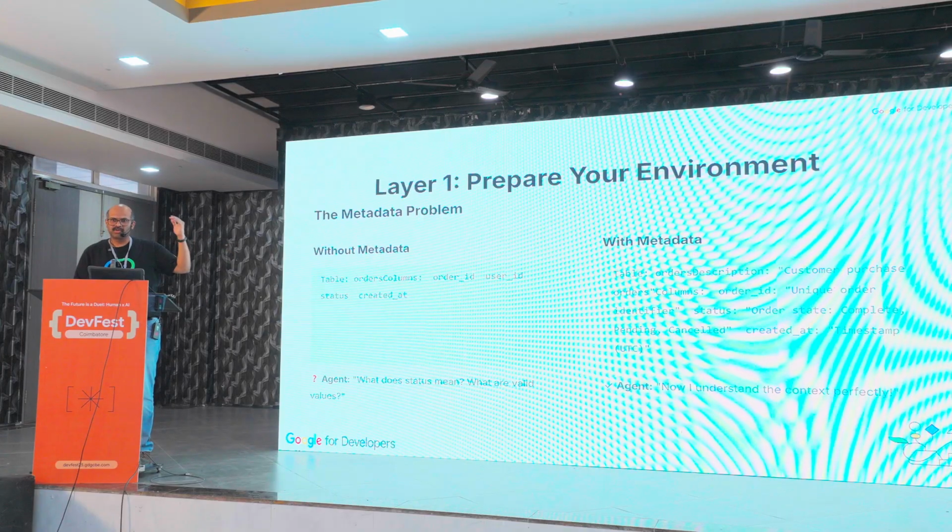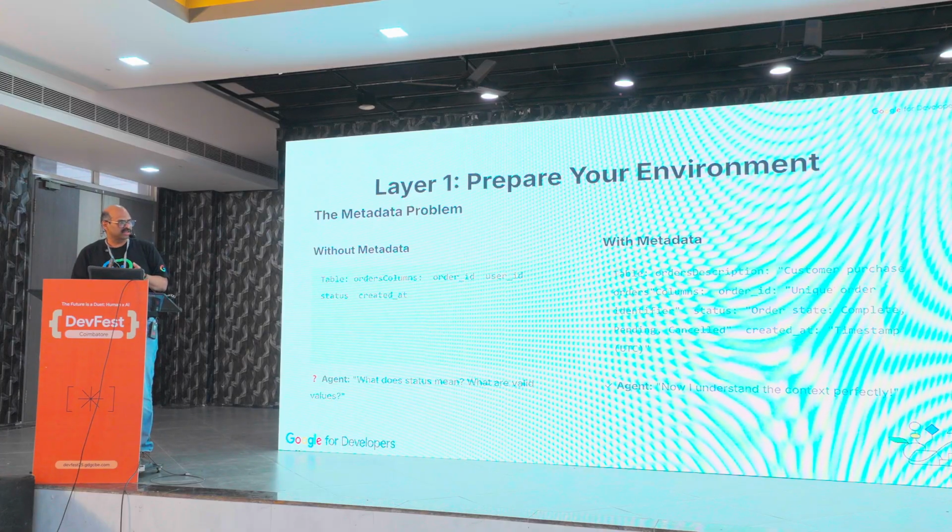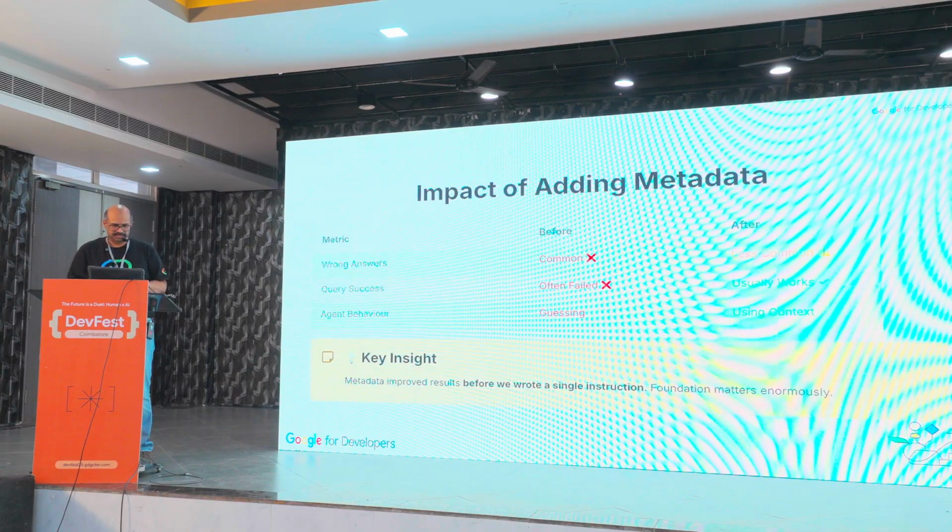When you define the table, you add additional metadata: you give the table description, you give the column descriptions and so on. So this is the first step. Once you do that, the agent understands the context.